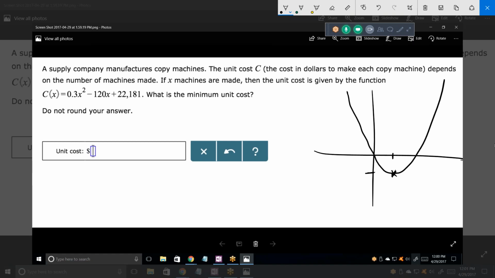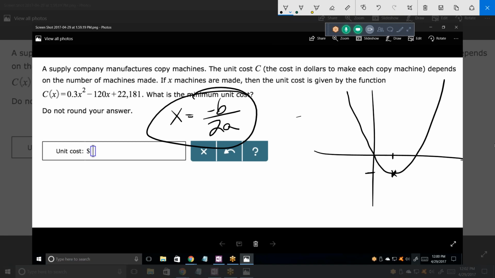That's what you generally want to do. Or if you had a profit function, you'd want to maximize your profit. That would be a parabola pointing downwards, and the key would be to find the x value that produces that maximum or minimum. So x equals minus b over 2a is a really good one to memorize.